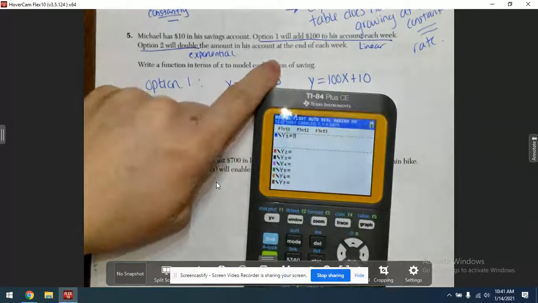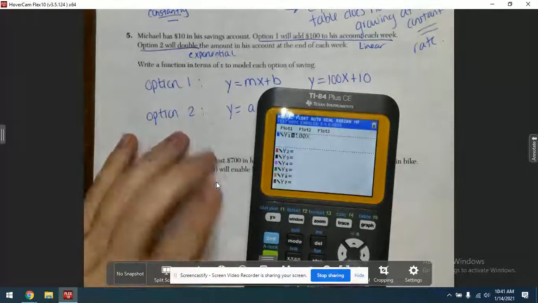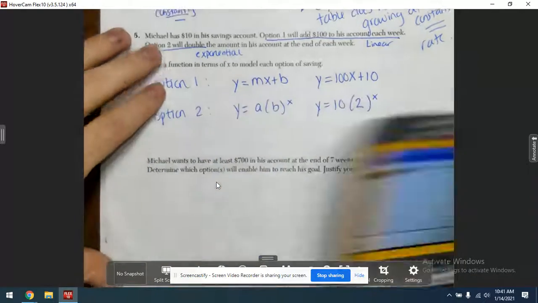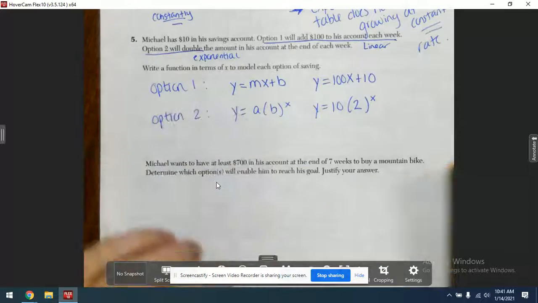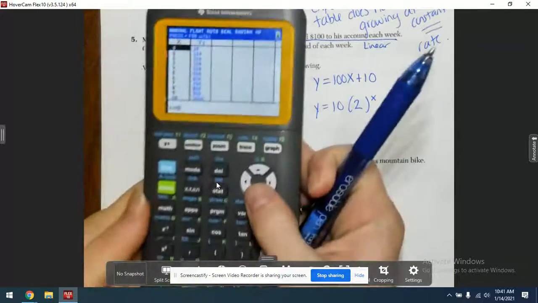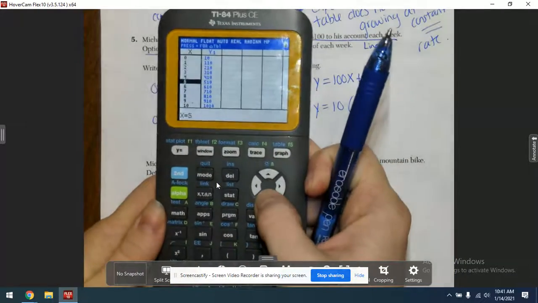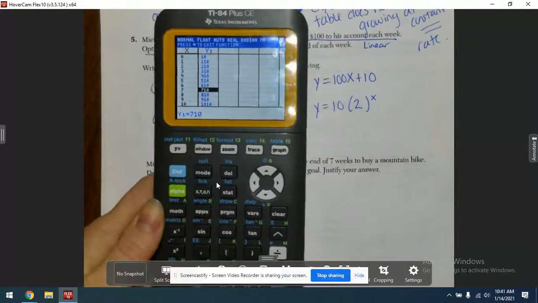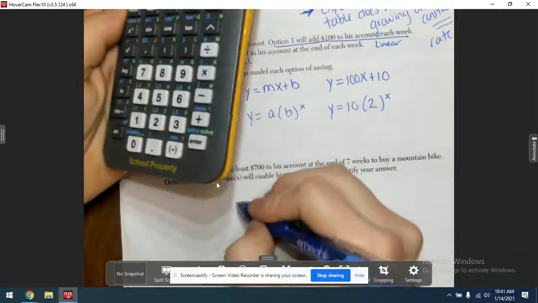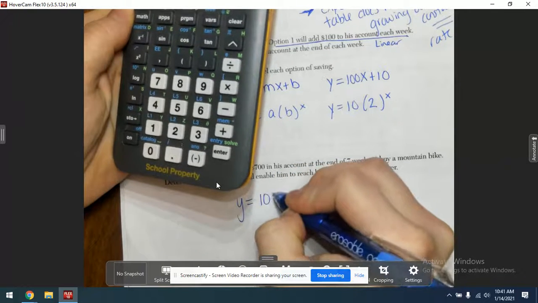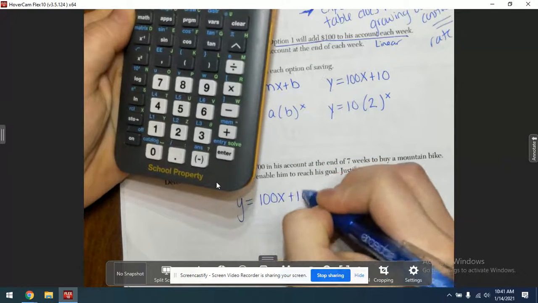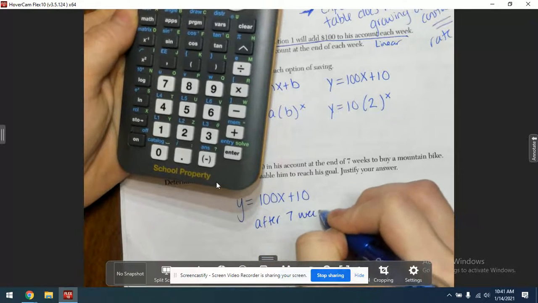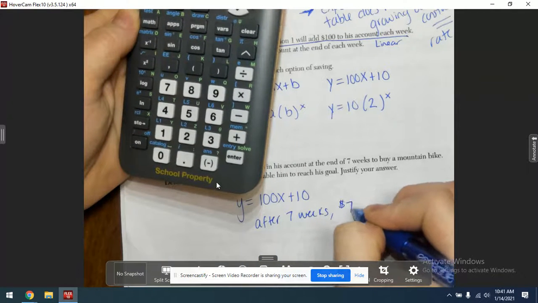So if I type the linear one in, 100x plus 10, and I want to know what happens after 7 weeks, right? At the end of 7 weeks, he wants to buy a mountain bike. After 7 weeks, he will have $710. So y equals 100x plus 10, after 7 weeks he will have $710.